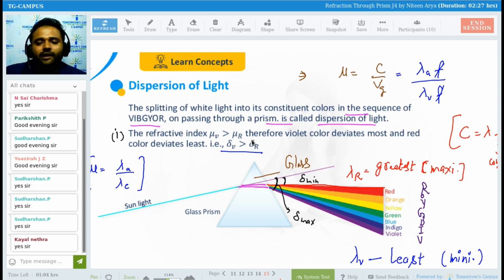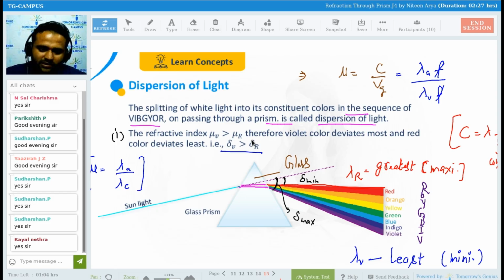The assertion: in dispersion, indigo color is going to deviate more as compared to the orange color. The reason: the angle of deviation for orange color is high and the angle of deviation for indigo color is less.